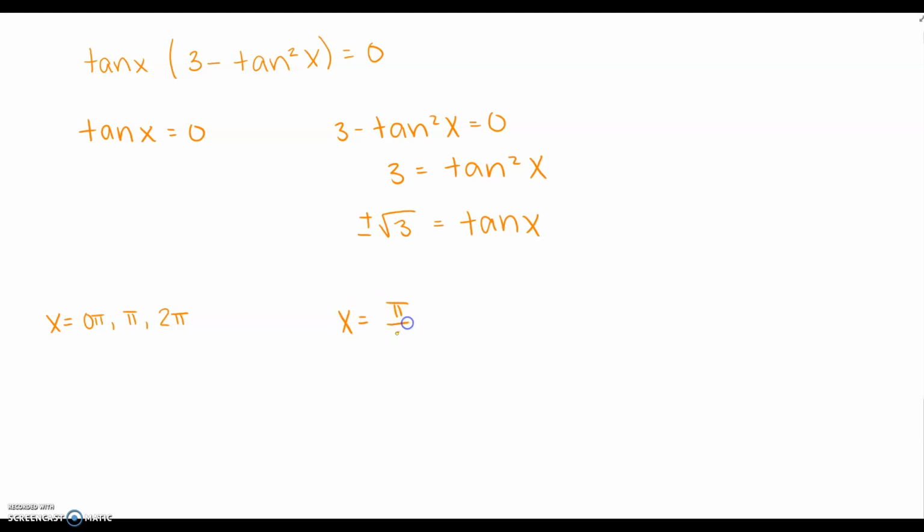That's going to be, what, pi over 3, first quadrant, 2 pi over 3, 4 pi over 3, and 5 pi over 3. And that's it. Hopefully that makes sense, and hopefully you got those answers if you did this a different way.